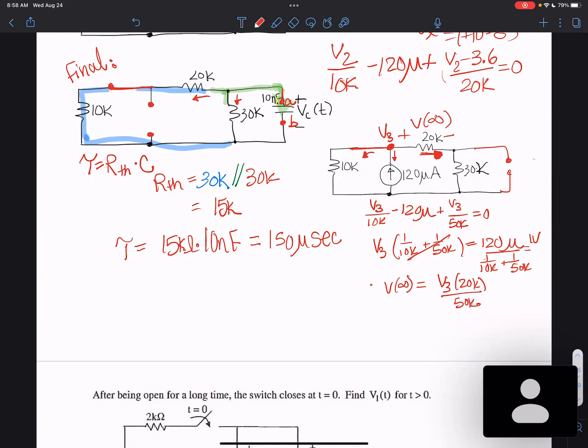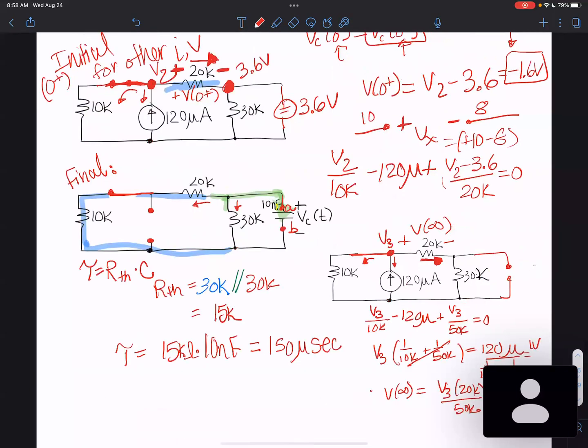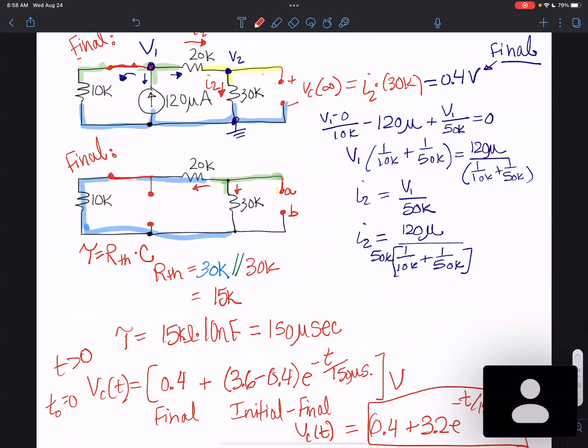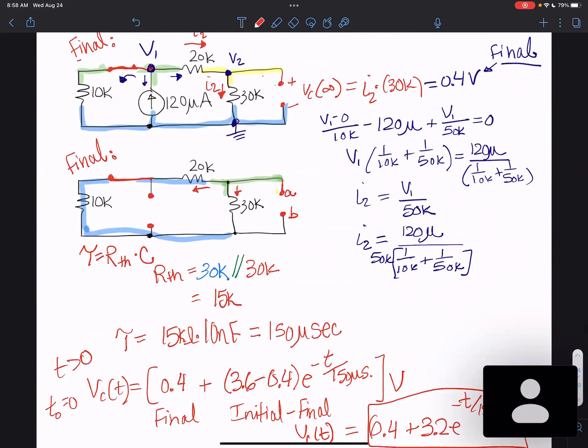And this one ends up being 0.4. So I think I made an error on the first one. This might not be 0.4 here. Somebody wants to plug in those numbers. It's 0.6. Thank you. Okay, sorry. I will go back and change this to 0.6.